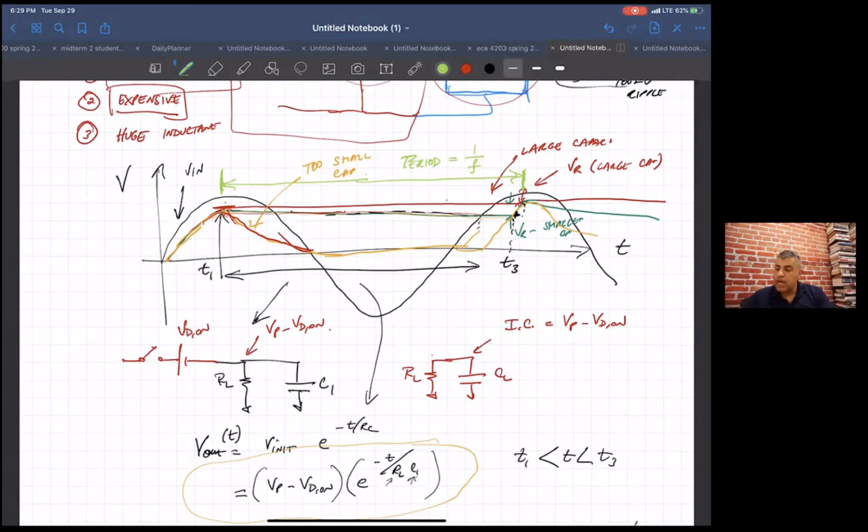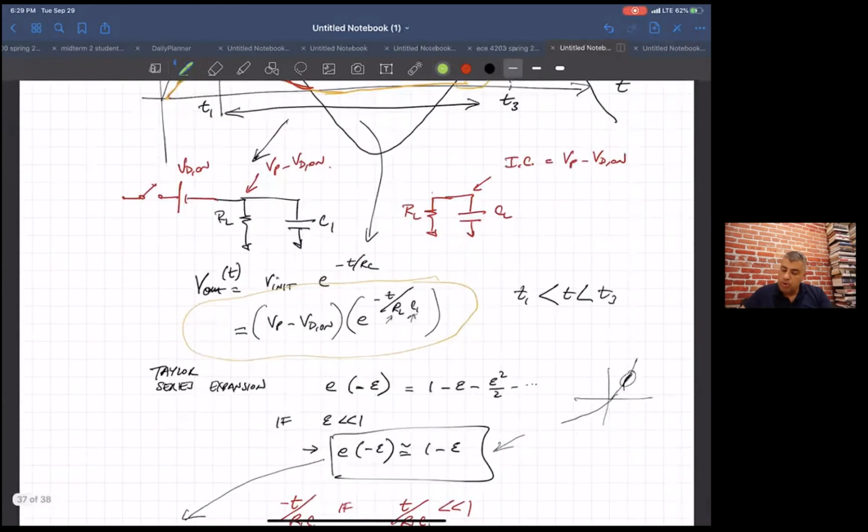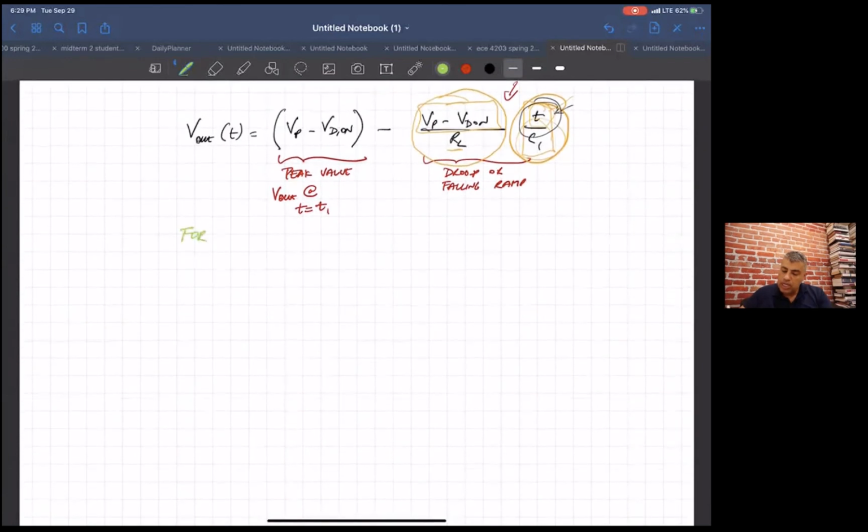If your input is 60 hertz, which is the wall voltage, the period of that is going to be 1 over 60 hertz, or 16.66 repeating, or just call it 16.67 milliseconds.